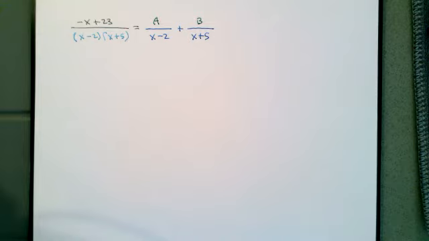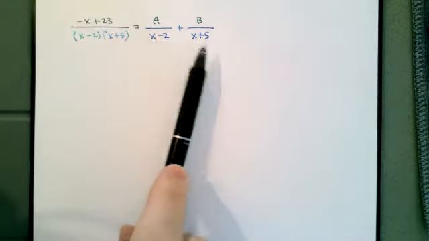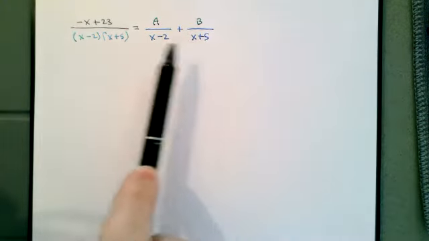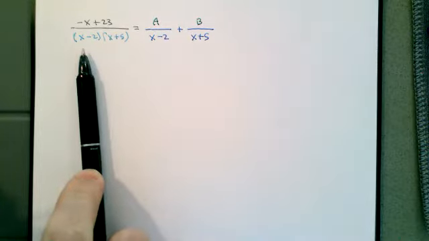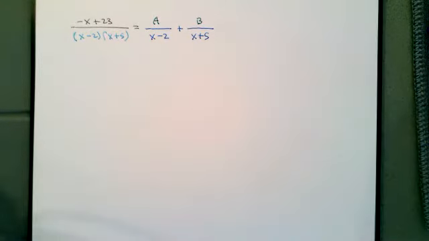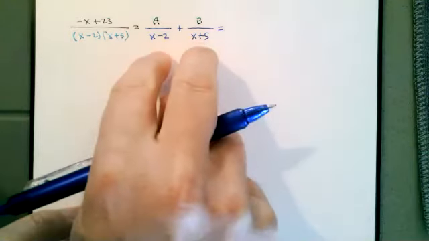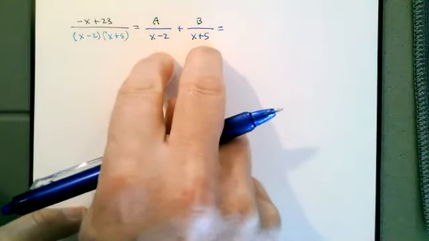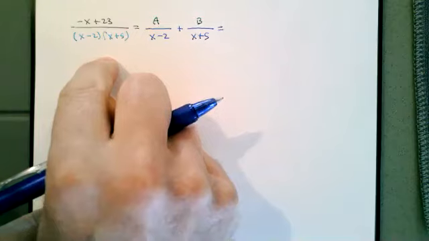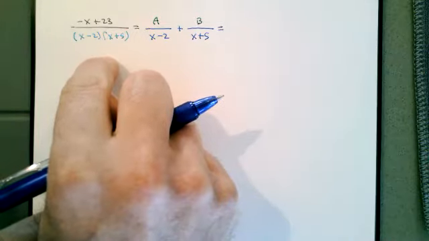So the next thing we do is just put the generic one back together and make it look like the minus x plus 23. So we take the decomposition and say, this is what we want the decomposition to look like. We want to add these two fractions to make it look like the minus x plus 23 over x minus 2 times x plus 5.